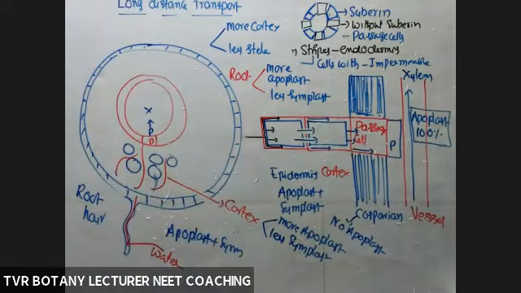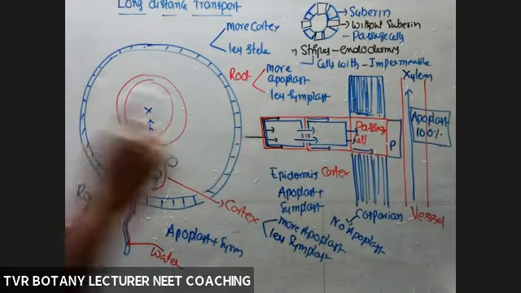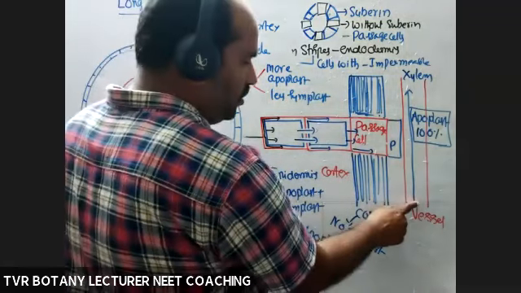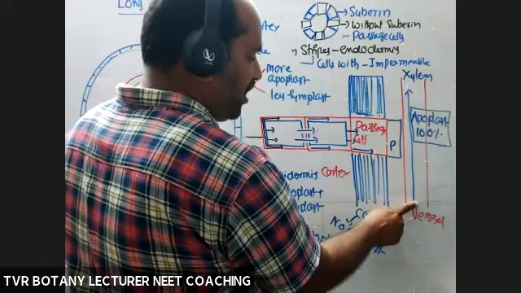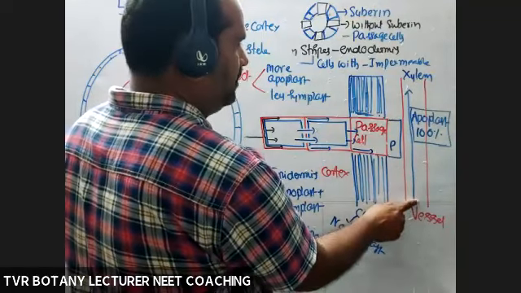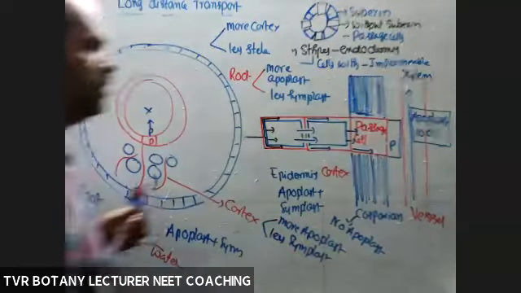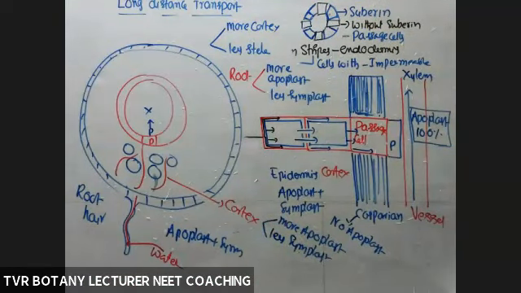Okay, so here we understood the direction of movement of water only. What about the real mechanism by means of which water and minerals are transported from the xylem of the root system to the tip of the shoot system? Some other mechanism is required. What is that mechanism? Whether it is pulling or pushing.